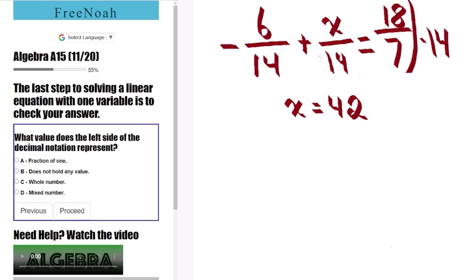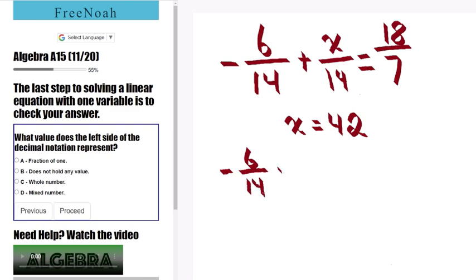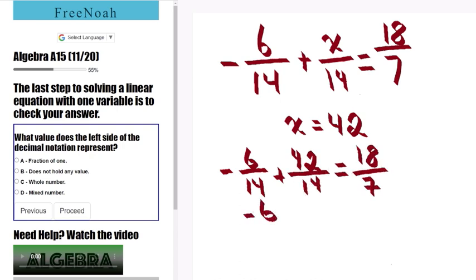Let's not forget this negative here. Okay, beginning here, so negative 6 over 14 plus 42 over 14 equals 18 over 7.